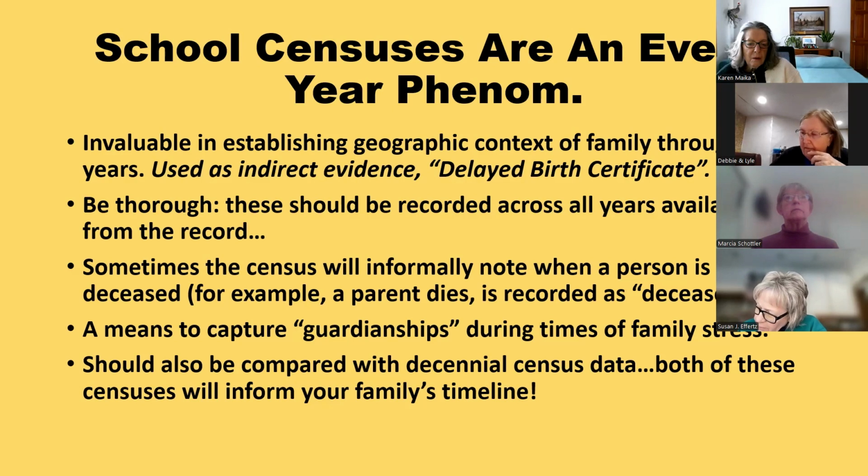And you, of course, also want to compare them to any decennial census data you have, because both of them are going to help. And guess what? They're going to ask for different information. Remember, in Montana, the only time, and the only time across all 50 states, that the United States asked for the month and the year of a birth was in 1900. The rest of the time, you have to find that information elsewhere. So school censuses will give you that information.